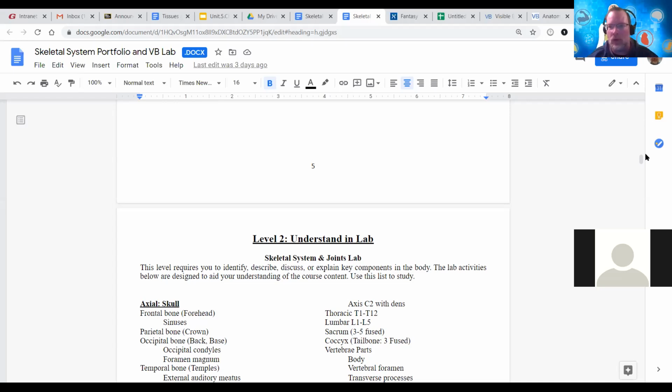This is not busy work, and if you're just copying and pasting definitions, you've now made it busy work. If you're actually reading definitions and typing in a couple of things, or maybe you don't use anything, you just read down the list and think, okay, I know this one, this is what it means to me. I'm not looking for Mr. Yoakum's definition or OpenStax's definition.